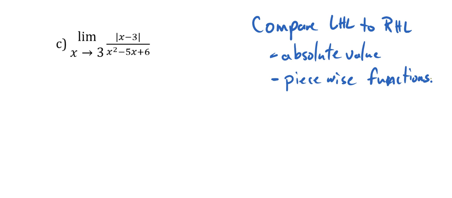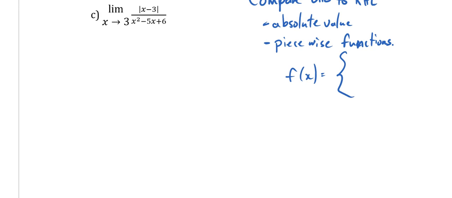Piecewise functions are the ones where f of x equals has a whole bunch of pieces, and we looked at some of these yesterday. Usually you're looking at the limit where there's an actual break in the graph. Okay. So first of all, I'm going to say x minus 3 is less than 0 when x is less than 3.